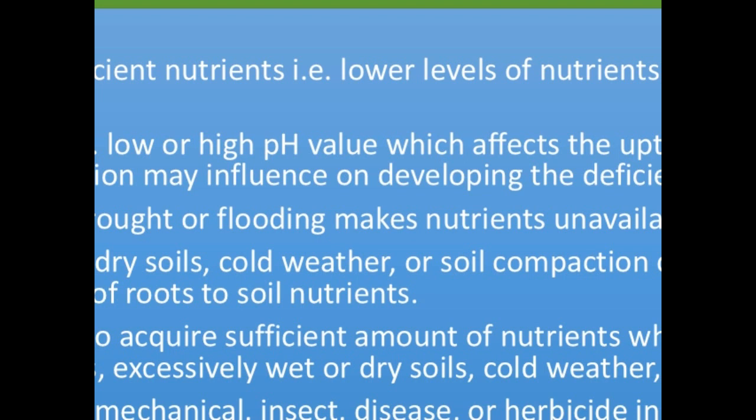Excessively wet or dry soil, cold weather, or soil compaction can also significantly restrict the access of roots to the soil nutrients. Poor root growth to acquire a sufficient amount of nutrients can be due to poor growing conditions, excessively wet or dry soils, cold weather, or soil compaction.